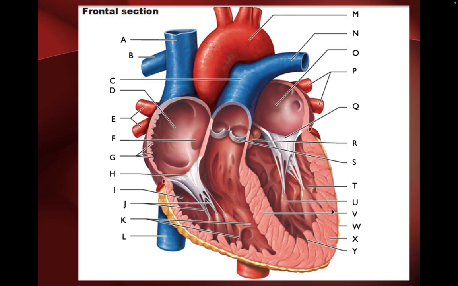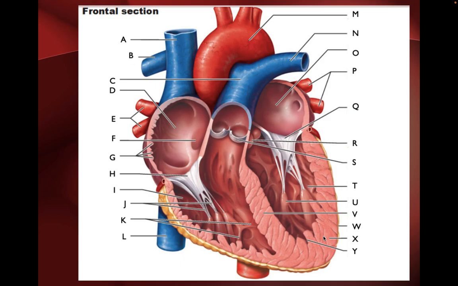That's why this whole thickness is so thick, and this is where most myocardial infarctions occur. It's called the myocardium. There's the endocardium, the myocardium, and the epicardium, and this is the myocardium here.